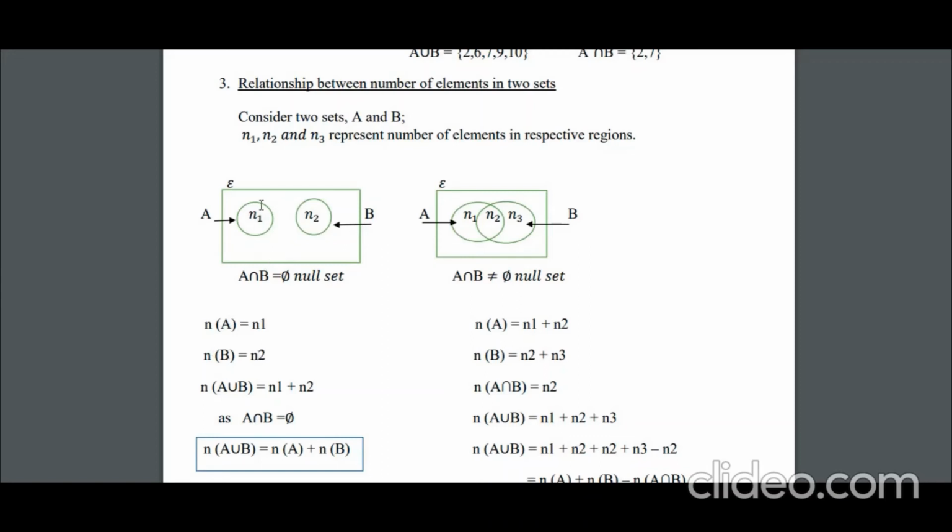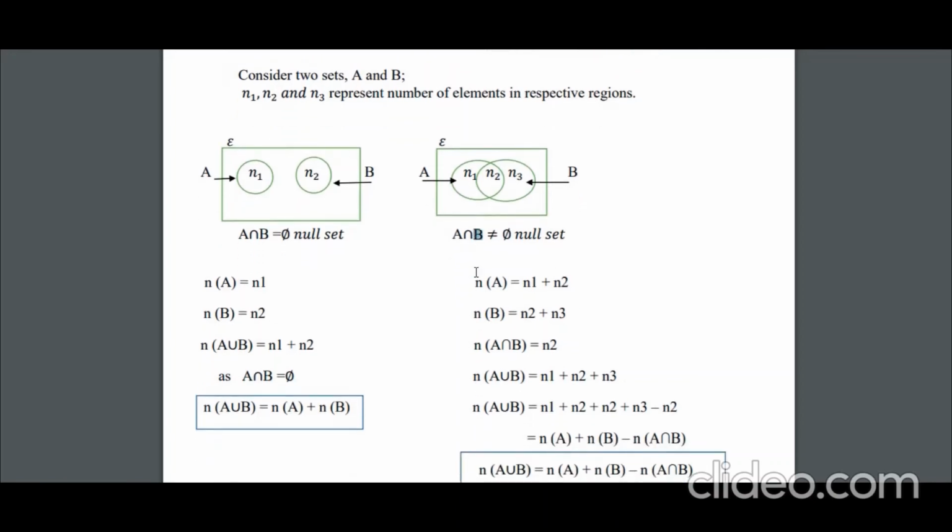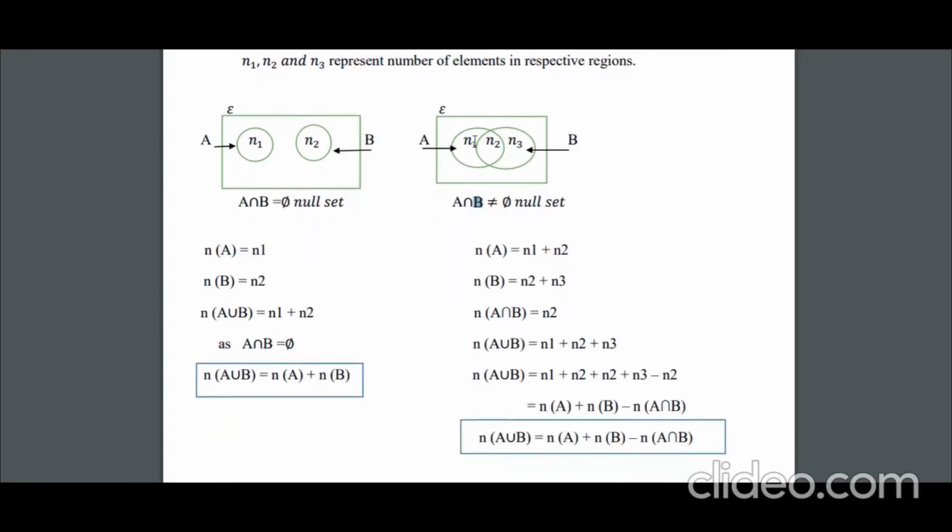Which means the number of elements together, the number of elements of A union B, will be n1 plus n2. So this is what we get: the number of elements in A union B is equal to the number of elements in A plus the number of elements in B. Now, what about the case where there are common elements belonging to both A and B?